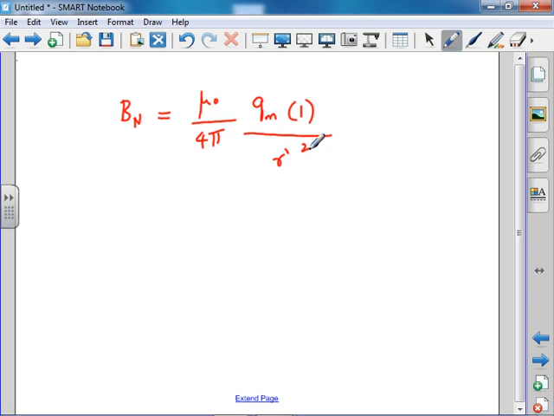Okay. Now let us express it in vector form. Bn vector is equal to, when we resolve into components, minus Bn cos theta i cap plus Bn sin theta j cap.